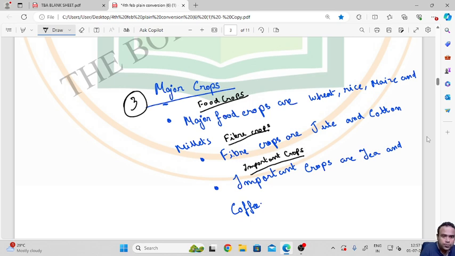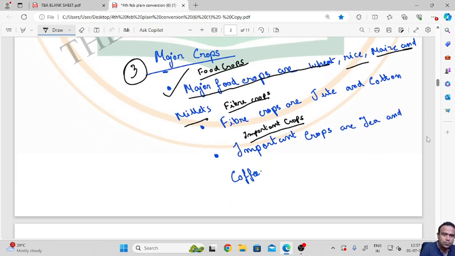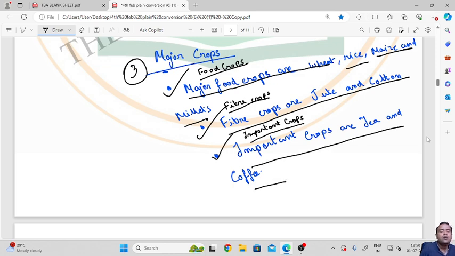Major food crops are wheat, rice, maize, and millets. Fiber crops are jute and cotton. Important crops are tea and coffee.